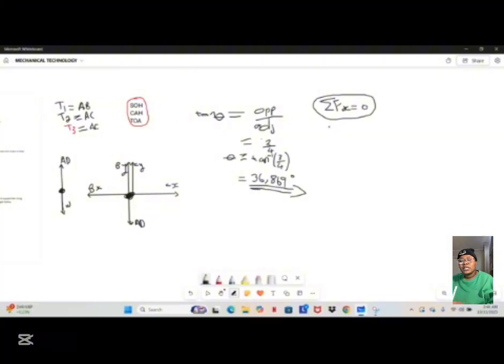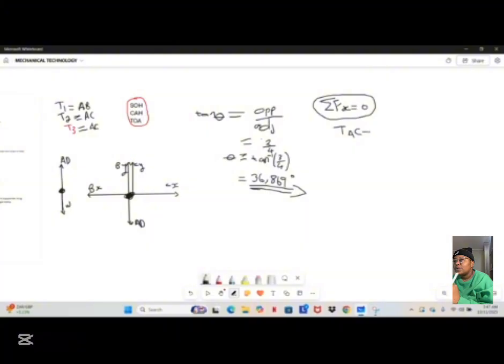So we're going to minus the B side, minus TAB is equal to 0.